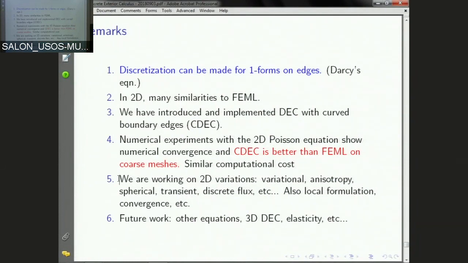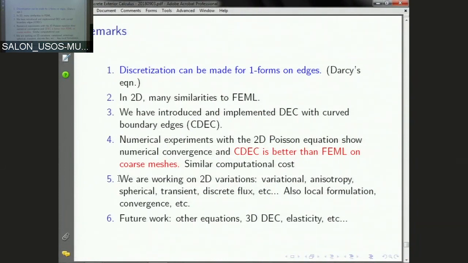That means it's working out triangle by triangle, and then assembling a big system whose profile is very sparse and easy to solve. So the computational cost is similar to finite element and so on.